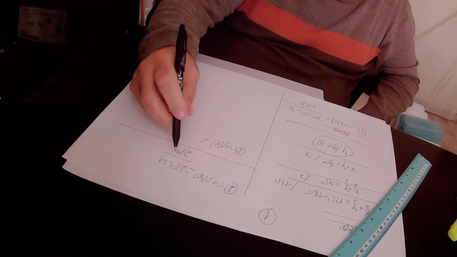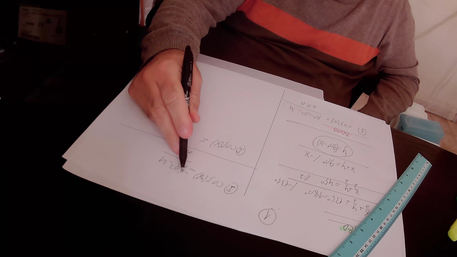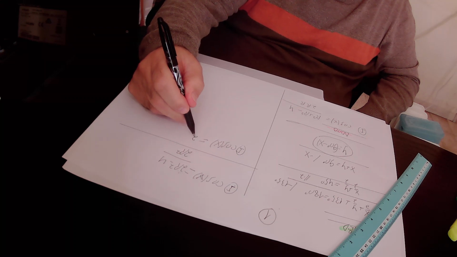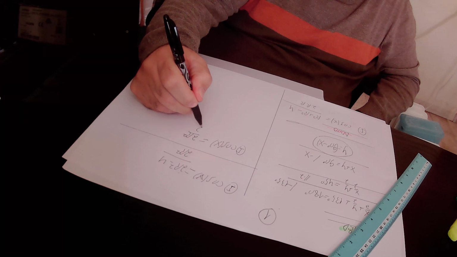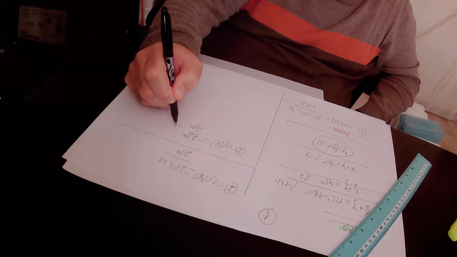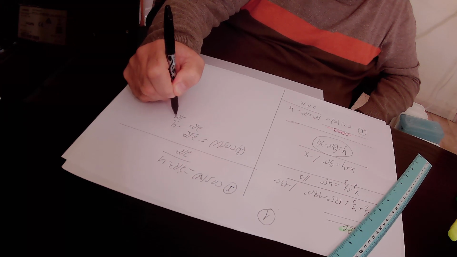Here we'll split this expression into two parts. The first part will be 2r squared over 2r squared, and the second part will be minus 4 over 2r squared.